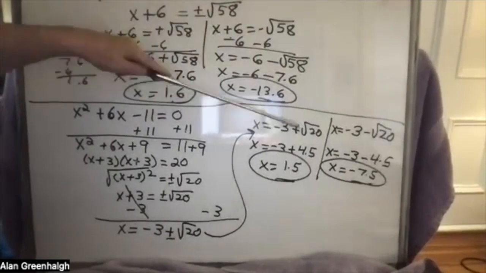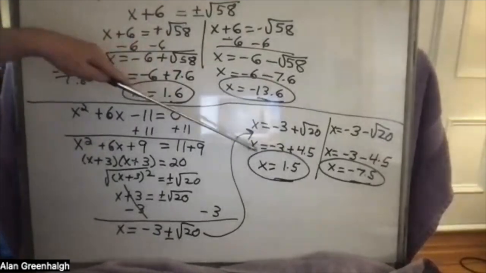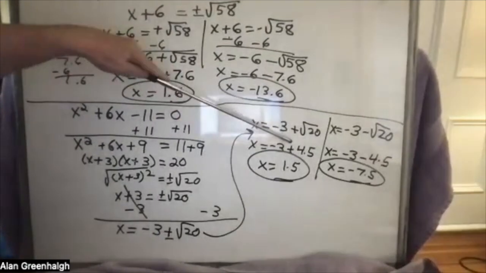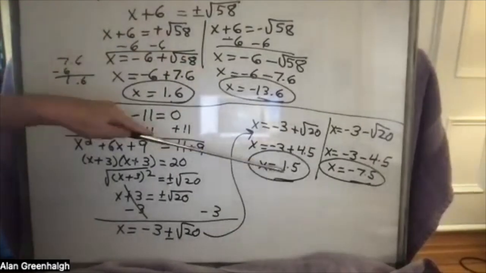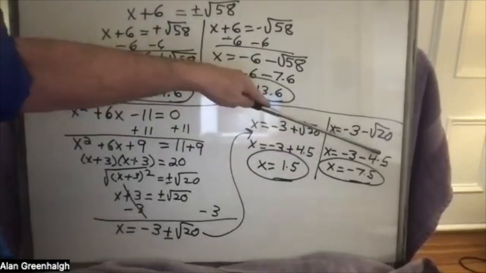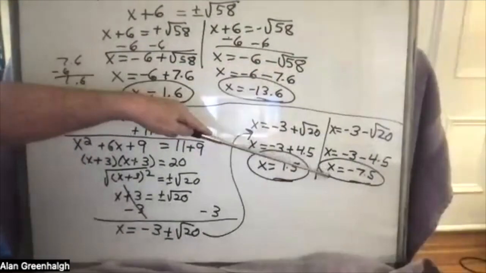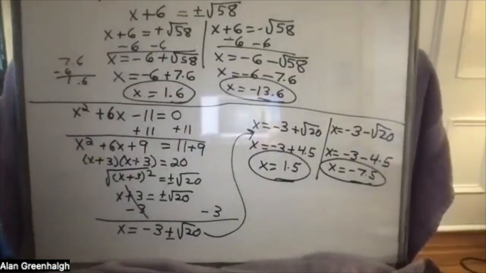I then take the square root of 20 to the nearest 10th, and I had x equals negative 3 plus 4.5, which came out x equals 1.5, and negative 3 minus 4.5, which I wound up with negative 7.5. And that's the end of the problem.